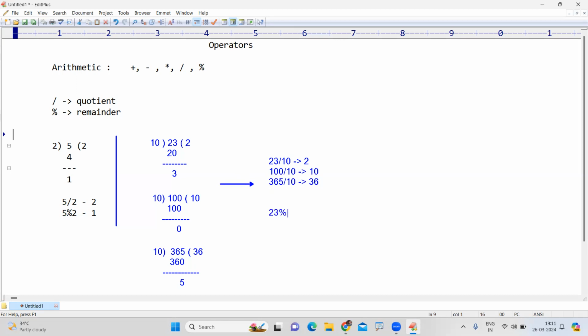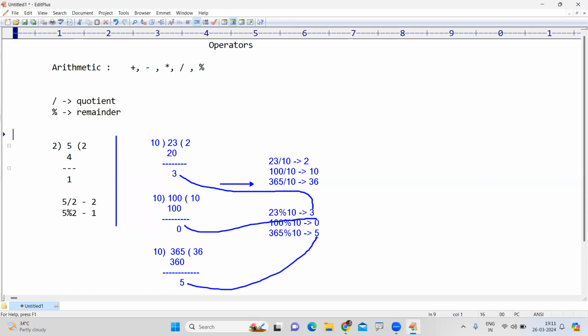Now 23 mod 10, value is 3. 100 mod 10, value is 0. 365 mod 10, value is 5. See here, division always will give the quotient value: 2, 10, 36. And mod always will give the remainder value: 3, 0, 5.